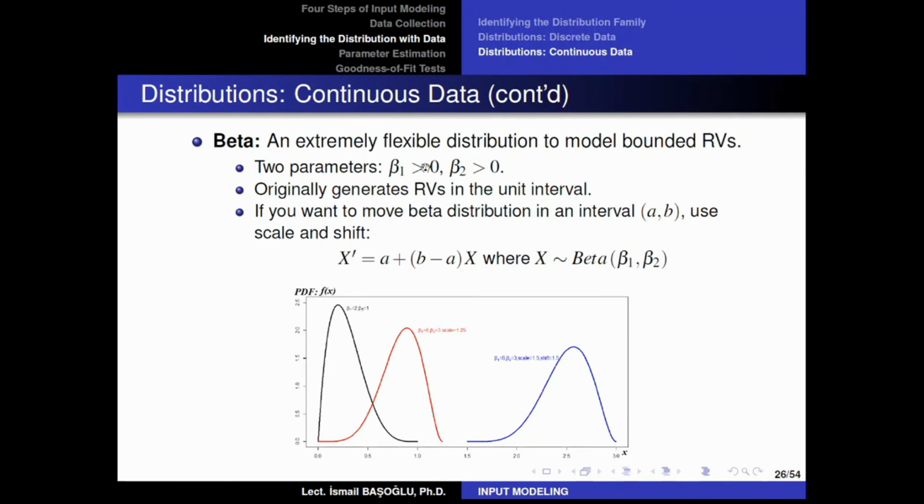It has two parameters, beta 1 and beta 2 in beta distribution. Originally, with just these two parameter settings, the beta random variable can be distributed between 0 and 1.